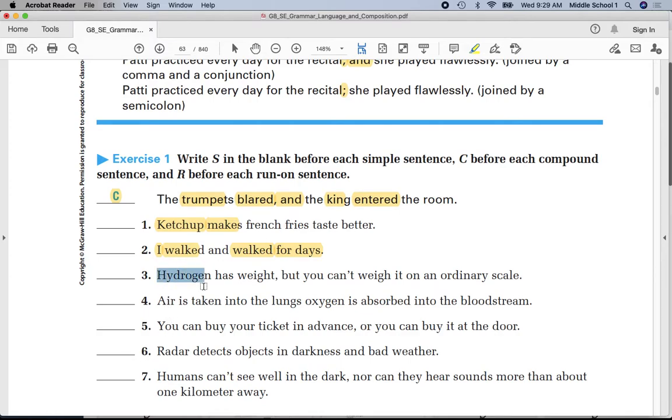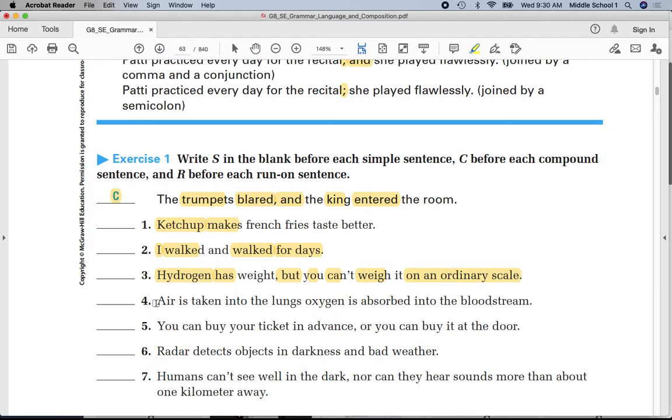Number 3, hydrogen once, has twice, comma conjunction, but this is going to be compound. You once, can weigh twice. On an ordinary scale, parentheses, prepositional phrase. Number 3 is compound.